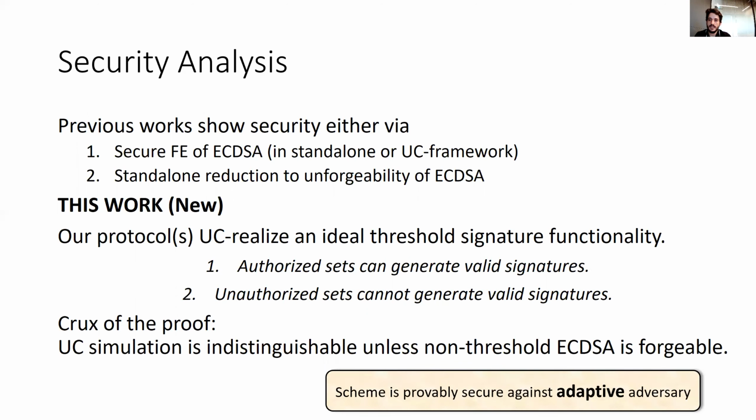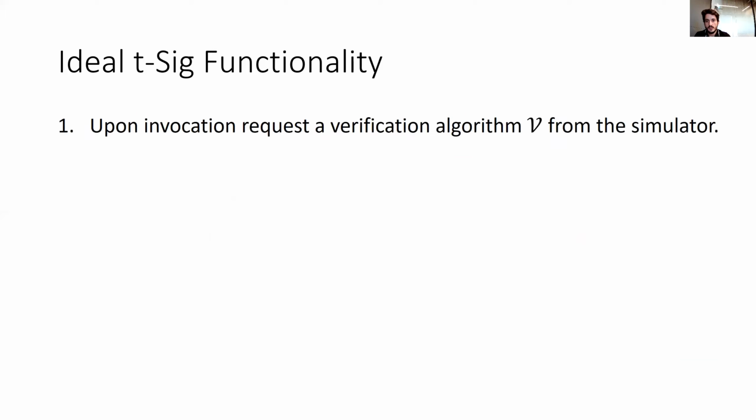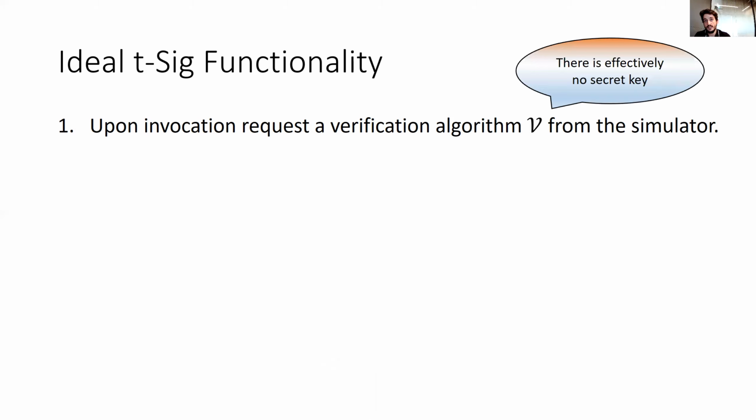So let me begin by defining the ideal threshold signature functionality in broad strokes. So when first invoked, the functionality requests a verification algorithm from the simulator. And already notice something unexpected about the functionality. It doesn't have a secret key. It doesn't have any secrets at all, to be honest.